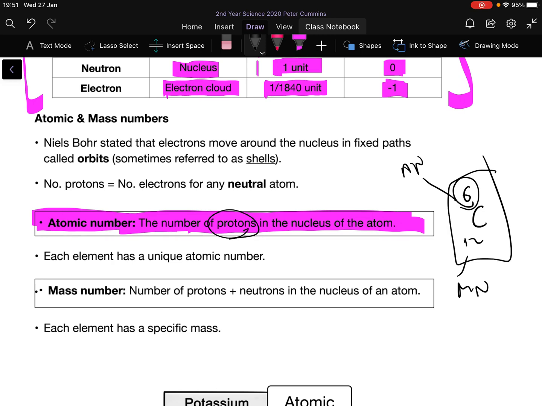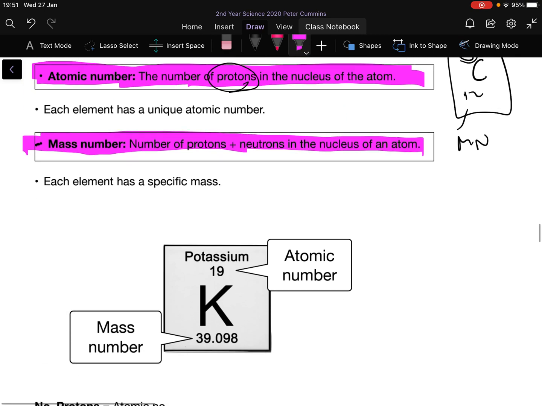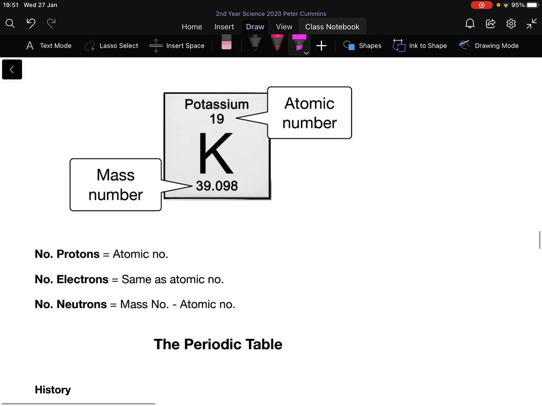The neutrons is the issue. The mass number is the number of protons and the number of neutrons. So if you want to find the number of neutrons, you have to take the small number away from the big number. And I think I did an example out for you there. So in this one here, I'll just find the amount of neutrons.